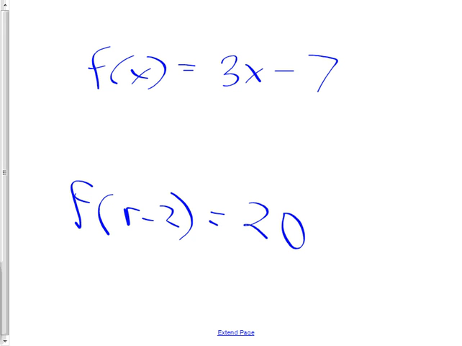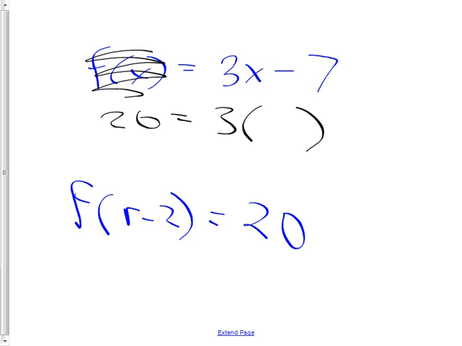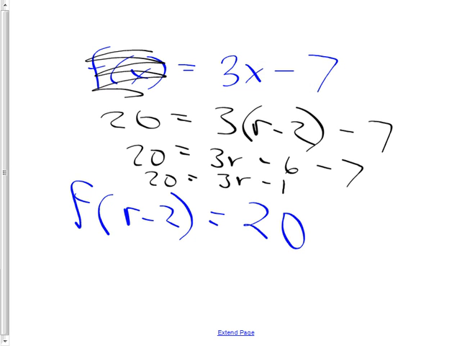Here's what you should have done. You should have put in f of x is like y. You put in the 20 there. 3 and then empty spot where the x is. I hope I pounded that into your head enough. And now we put the r minus 2 in there. Get that? Now I just got to solve for r. So I'm going to go 20 equals 3r minus 6 minus 7. So that's 20 equals 3r minus 13.